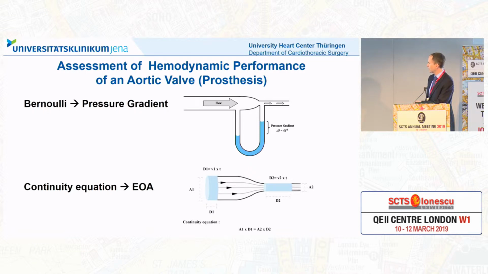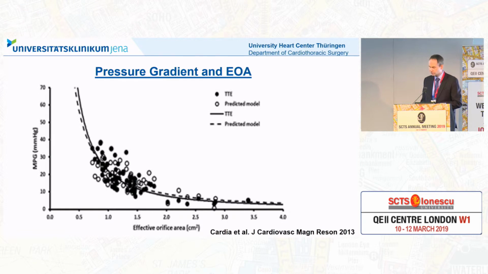The principle is that the product of flow and area here is the same as the product of flow and area there, and that gives the effective orifice area, from the outflow tract area. So the effective orifice area is a virtual area, generated through this flow assessment and this mathematical relationship. This is important to understand.